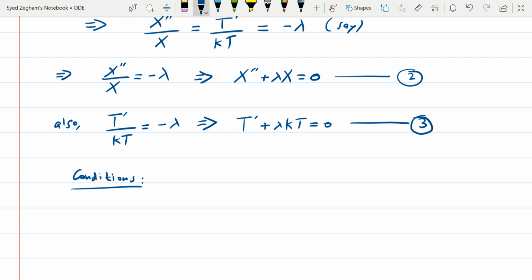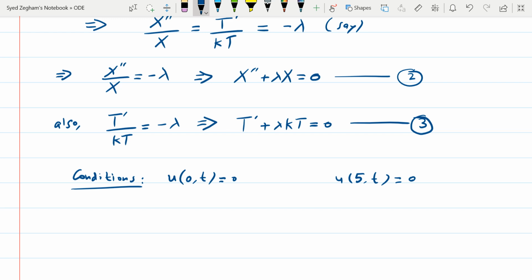Okay, the boundary conditions. What are the boundary conditions which are given? So u(0,t) is 0. This is number 1. Okay, and another one is u(5,t) is also 0, right?